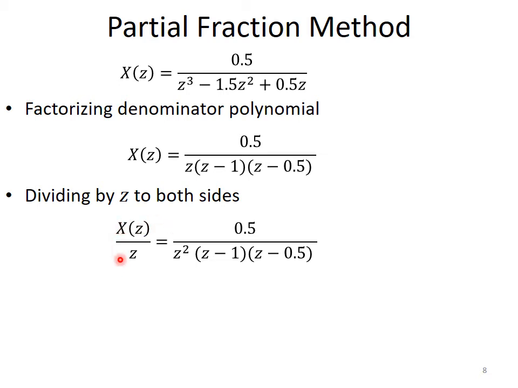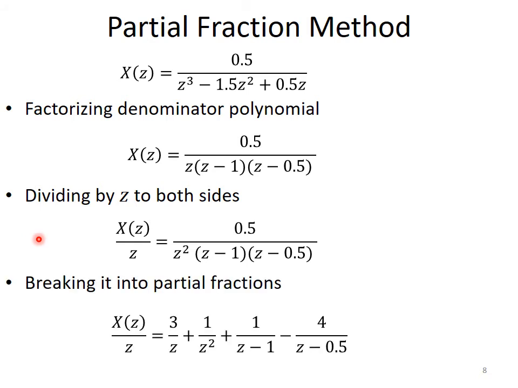So x of z upon z, and this would be 0.5 upon z square in the same way. Now you have to break it into partial fractions and find the residues. After partial fractions the expression would look like this: x of z upon z equals 3 upon z plus 1 upon z square, 1 upon z minus 1, and 4 upon z minus 0.5.